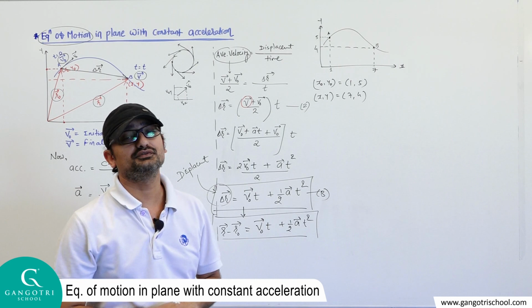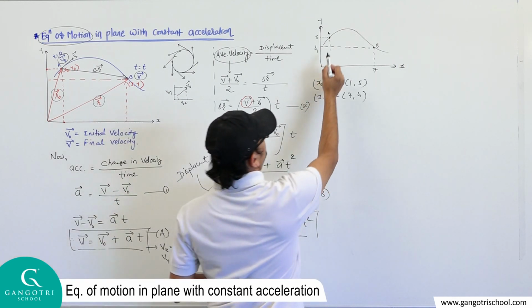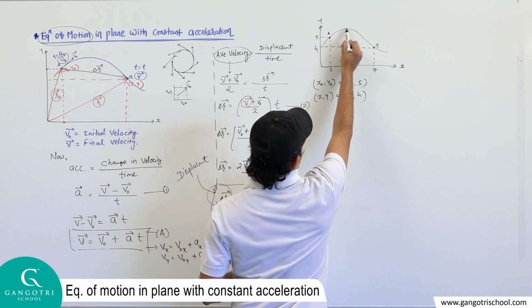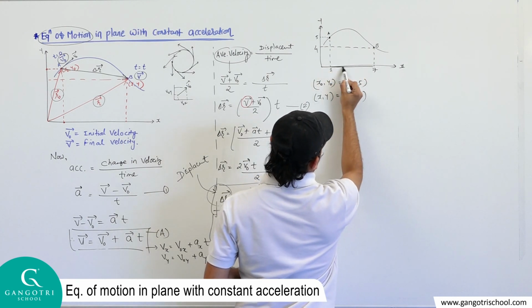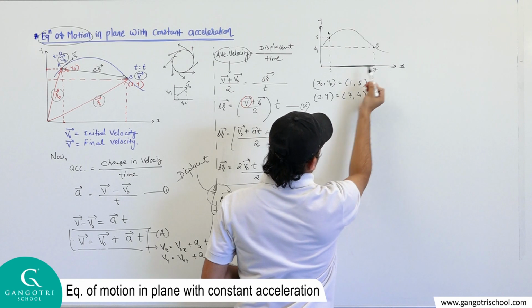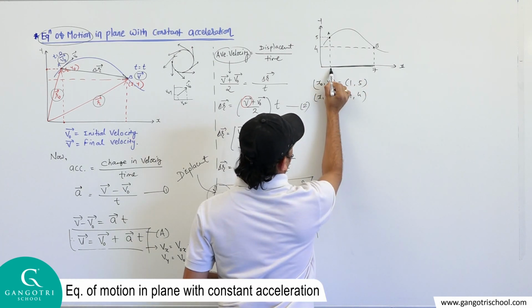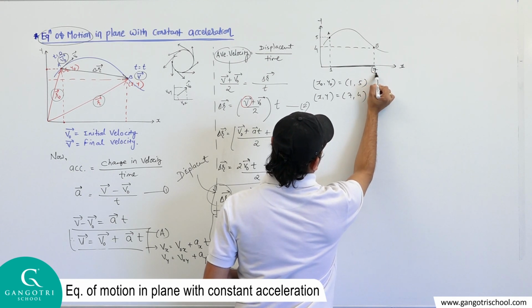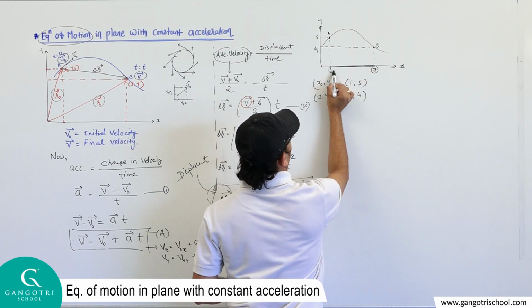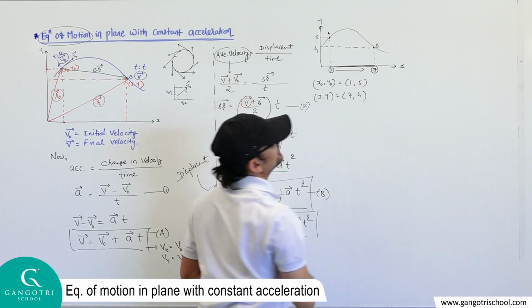From this diagram, if anyone asks you, when the object performs motion from A to B, how much displacement does it make particularly in the x direction? It is very clear: initial x coordinate is 1, final x coordinate is 7, and final x coordinate minus initial x coordinate gives you the x displacement.